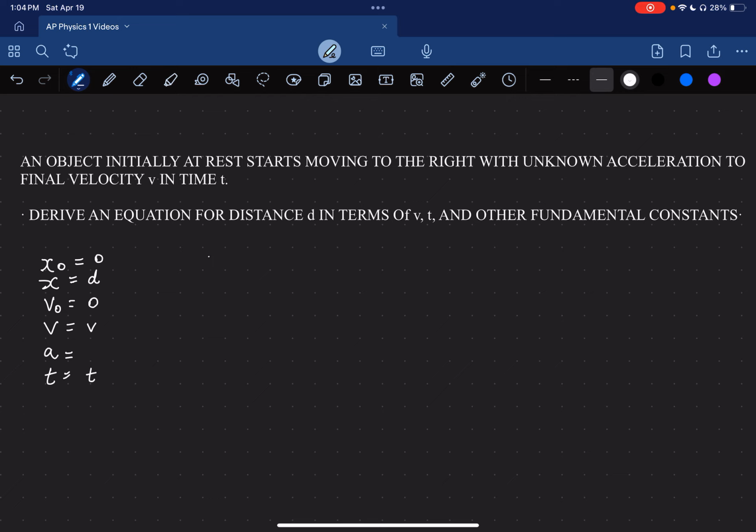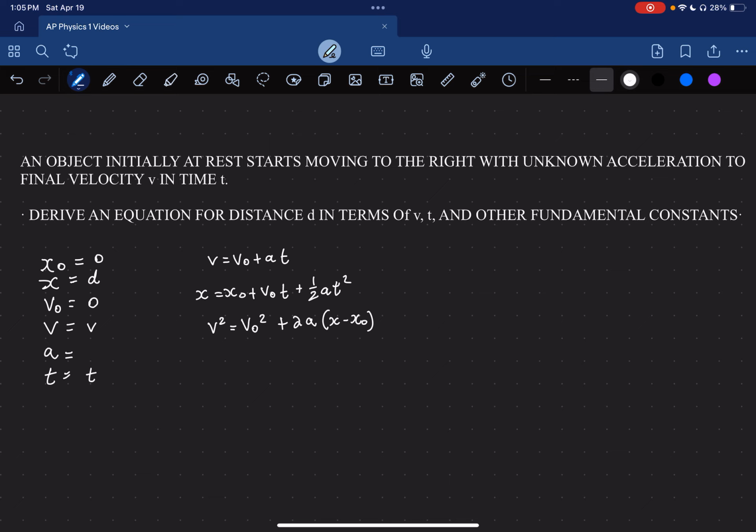I guess the first thing I was going to say was, we're going to look at our three kinematics equations, which you should have in the notes, and I don't have them handy, so I'm going to write them down. And essentially, what we need to do first is figure out what is a.